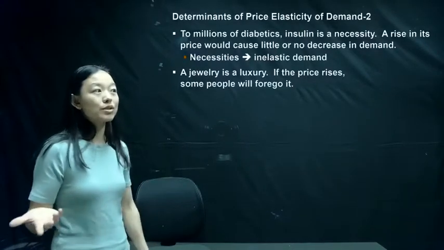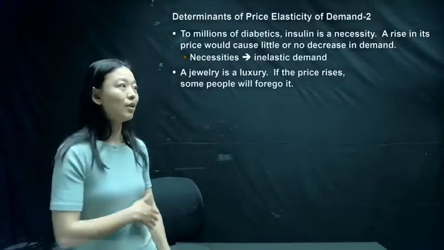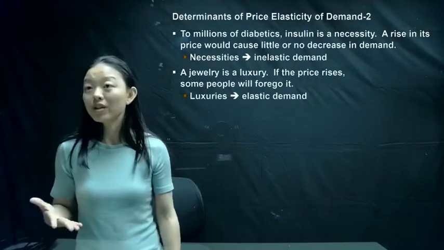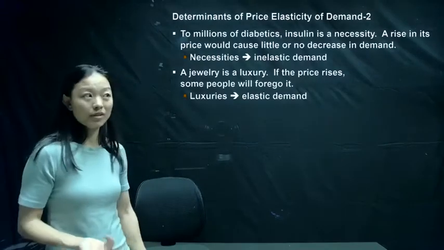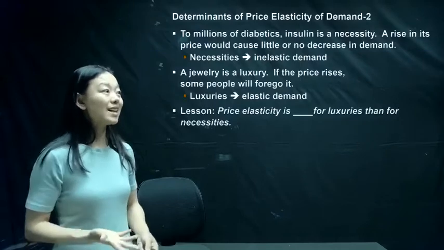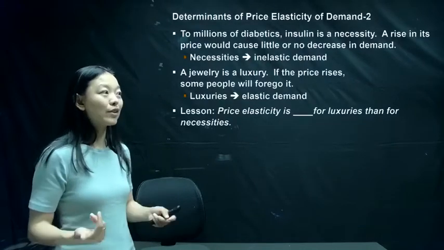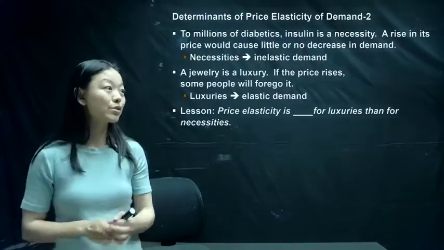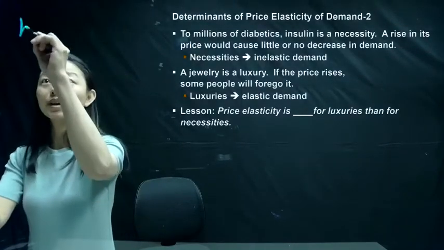So if the price increases, people will just forgo it. Therefore, luxuries mean elastic demand. The lesson here we can summarize is: price elasticity is higher for luxuries than for necessities. Okay.